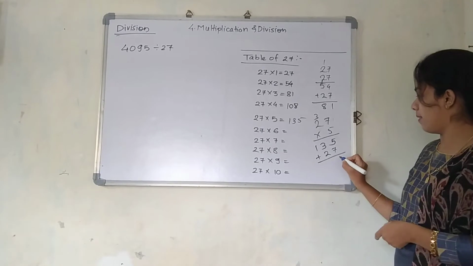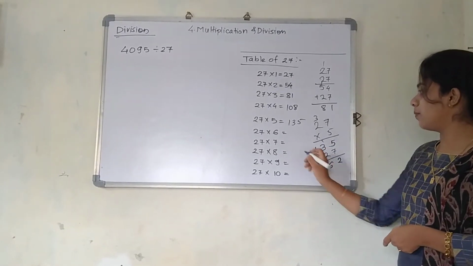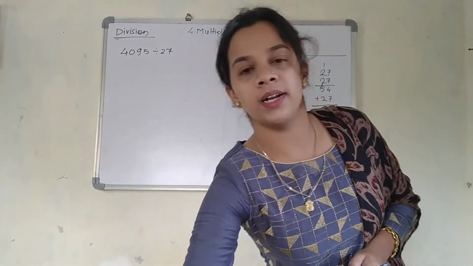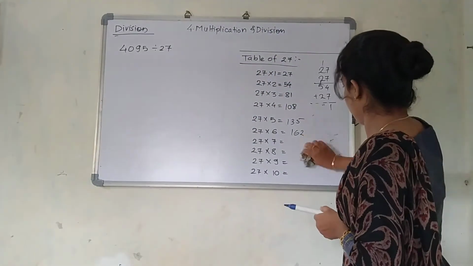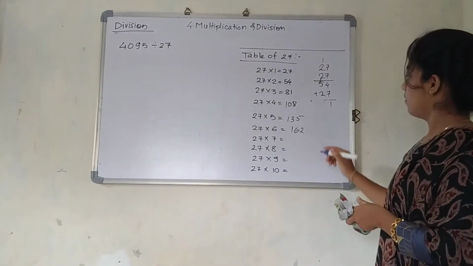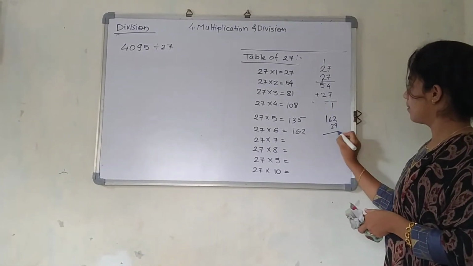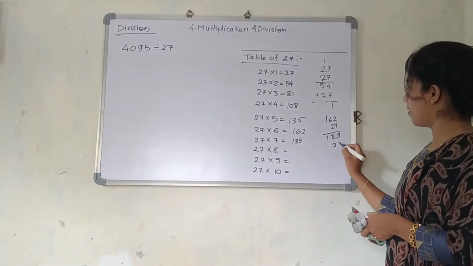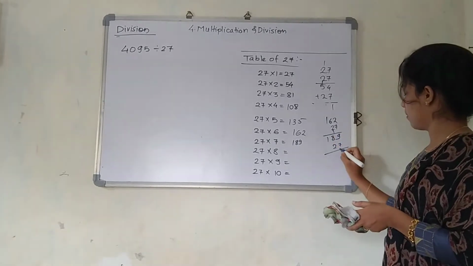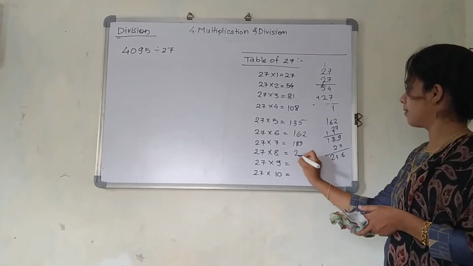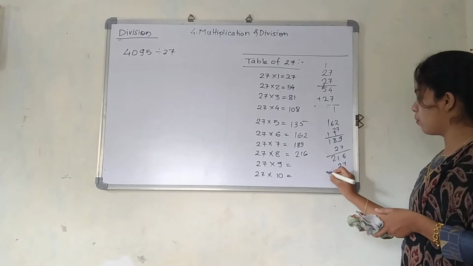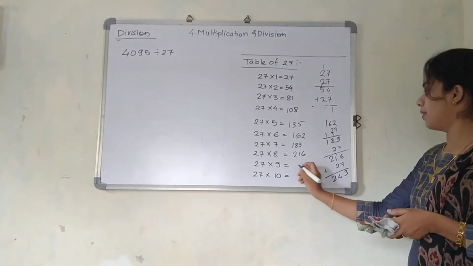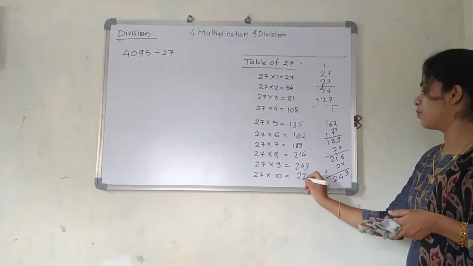Next number of 27: 162 plus 27, 189. Next, 216. Again the next number, go on adding 27. This will be 243 and the last will be 270.